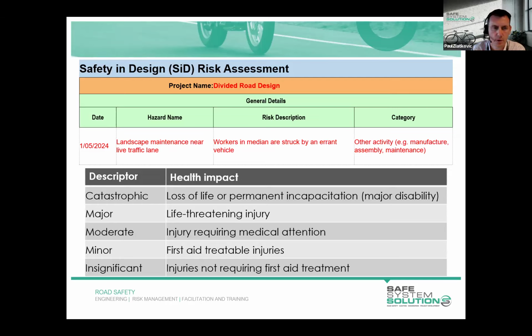Just incidentally, if we're thinking about the safe system approach, the safe system threshold speed for a vehicle and a vulnerable road user, which would be a worker in this case, is 30 kilometres per hour. Any impact that involves a vehicle travelling greater than 30 kilometres per hour with a road user is likely to result in a fatality or serious injury.